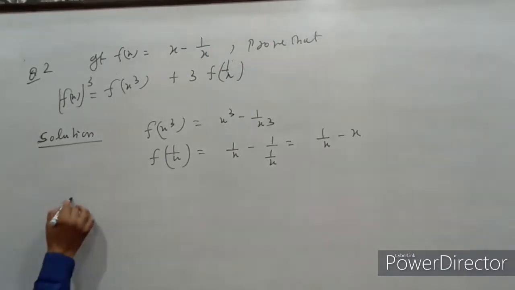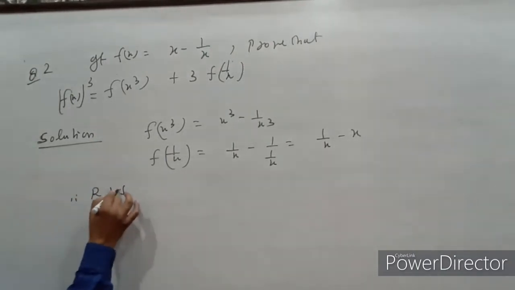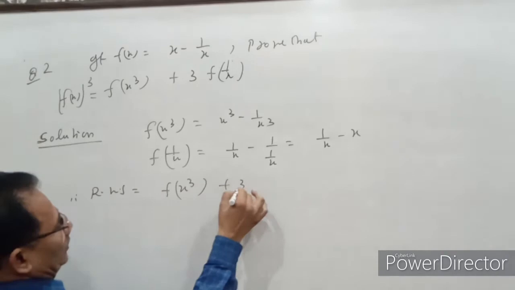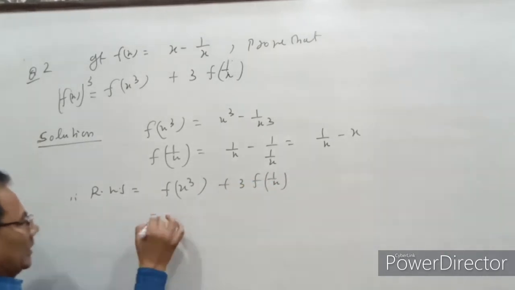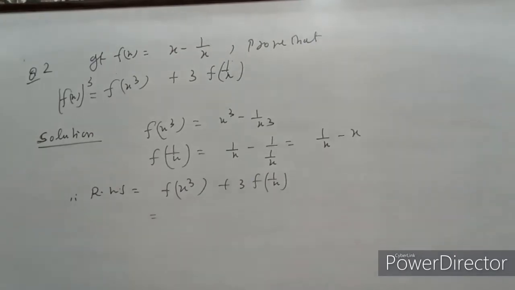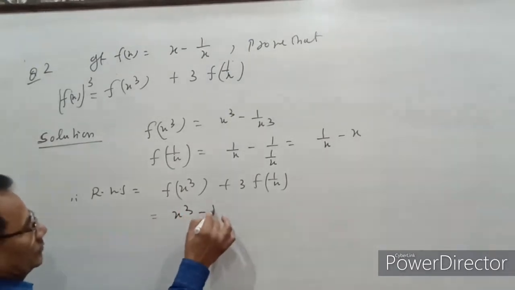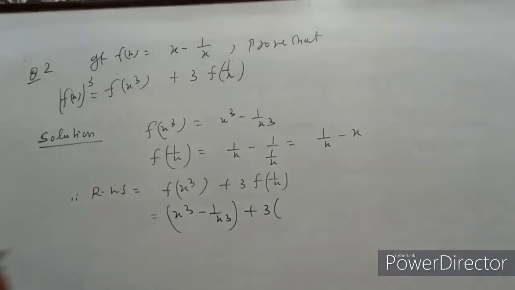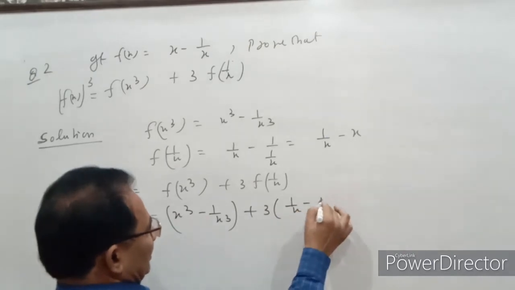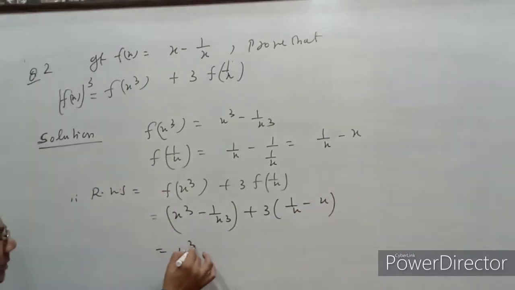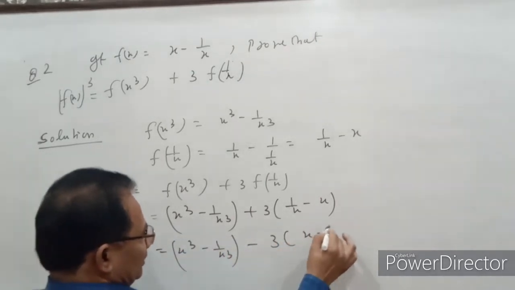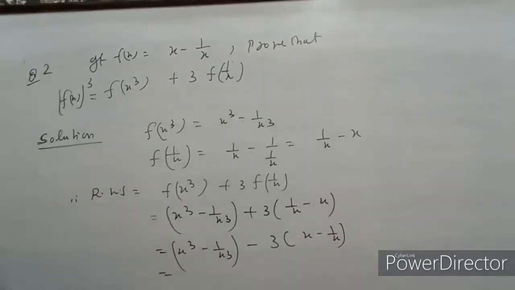Now we find, so therefore RHS should be equal to f(x) cubed plus 3f(1 by x), which is equal to x cubed minus 1 by x cubed plus 3 into (1 by x minus x), which is equal to x cubed minus 1 by x cubed minus 3(x minus 1 by x).